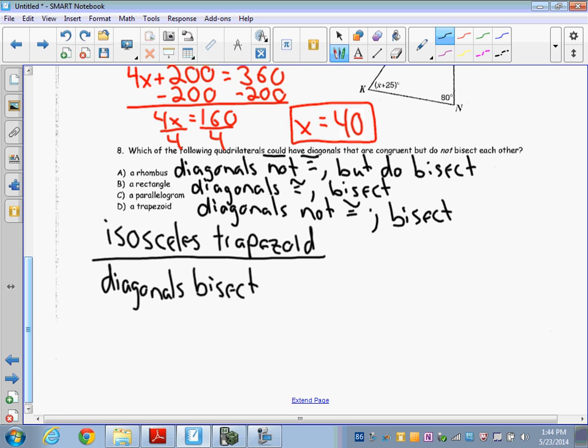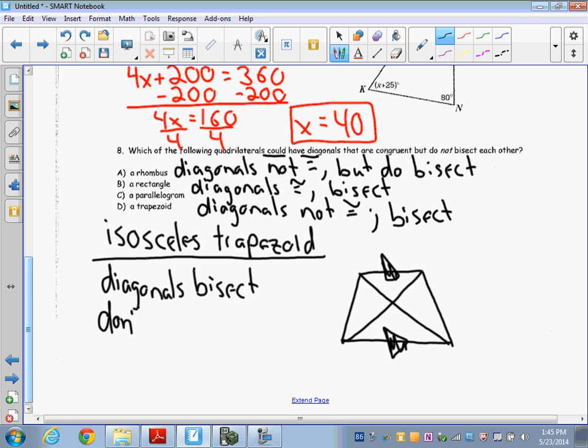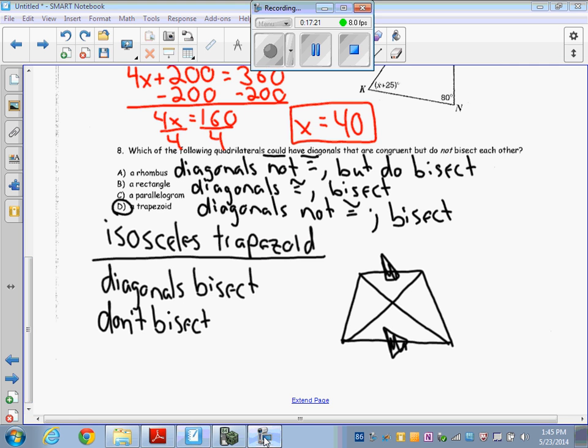So remember what an isosceles trapezoid looks like. We have two sides that are parallel, just one pair of opposite sides. And you should see that the diagonals do look like they're congruent, but they don't bisect. So that's going to be the correct answer. So please watch the other videos and good luck on your SOL.